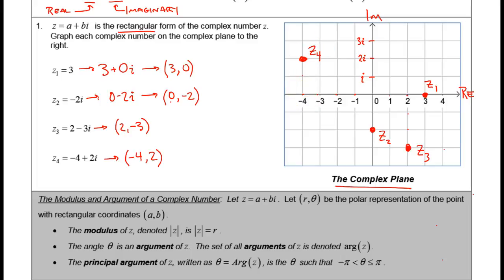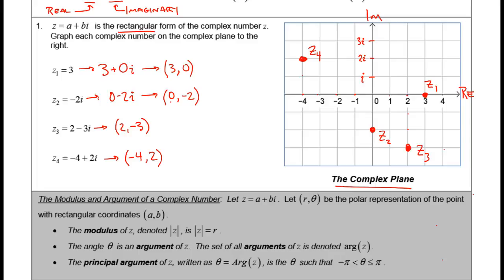So there you have it. We have 4 complex numbers graphed on the complex plane in the form a comma b, where a is the real component and b is the imaginary component. Okay, so let's move on.